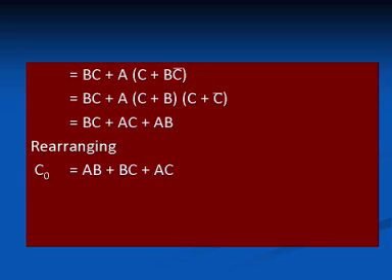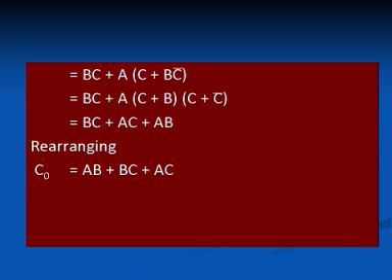This implies C naught is equal to B C plus A into bracket open C plus B bracket close. Rearranging, C naught is equal to B C plus A C plus A B. We further rewrite the same expression as C naught equals A B plus B C plus A C. Thus, the Boolean expression for sum S is equal to A XOR B XOR C and carry is equal to A B plus B C plus A C.